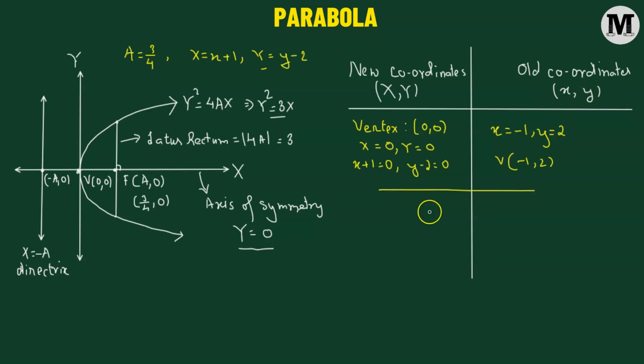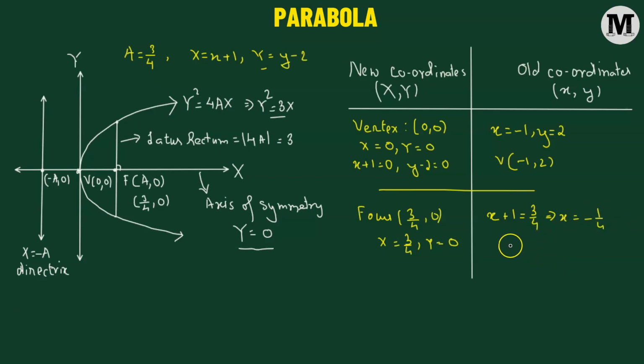Okay, moving on to the focus. So our focus is at the coordinates 3 over 4, 0. So that means our x value corresponds to 3 over 4 and the y value corresponds to 0. So in place of x, we're going to replace it with x plus 1. So we have x plus 1 equals 3 over 4, which means solving for x, we get 3 over 4 minus 1, so that's negative 1 over 4.